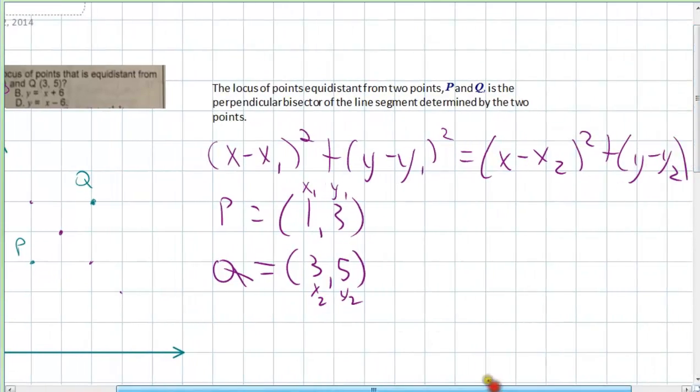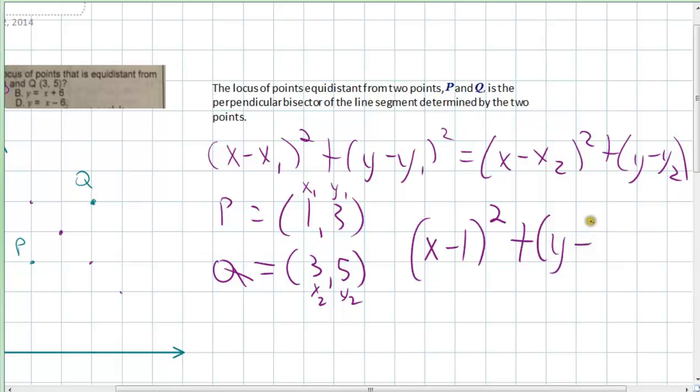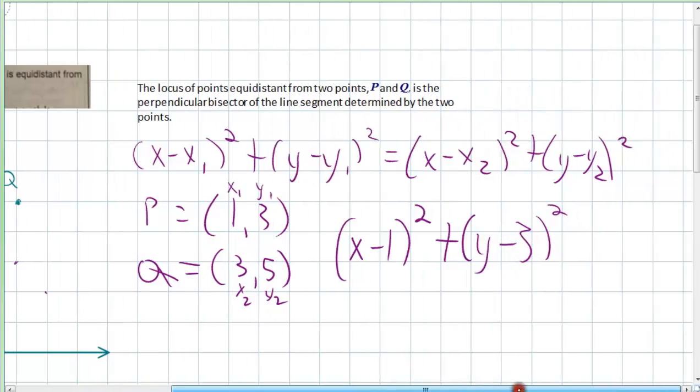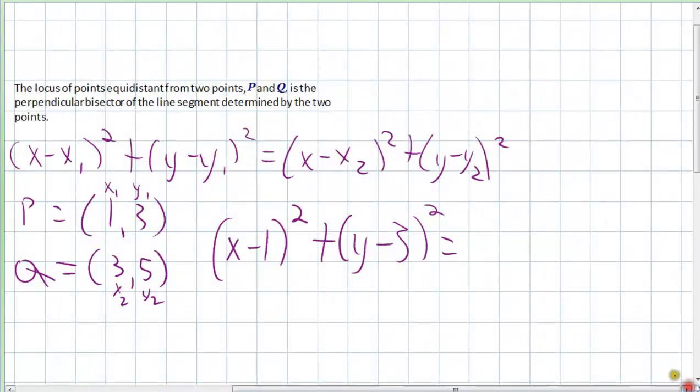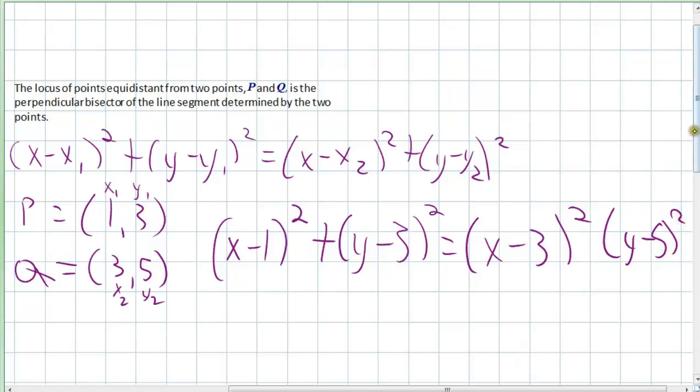Okay, so here we have (x minus 1) squared plus (y minus 3) squared equal to (x minus 3) squared plus (y minus 5) squared.